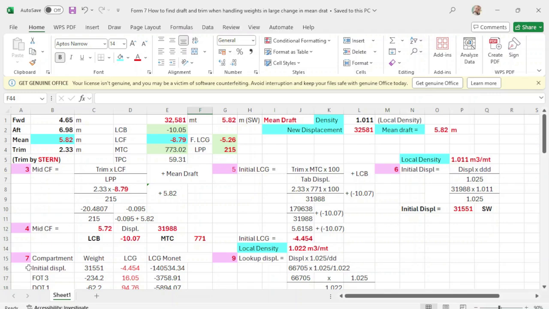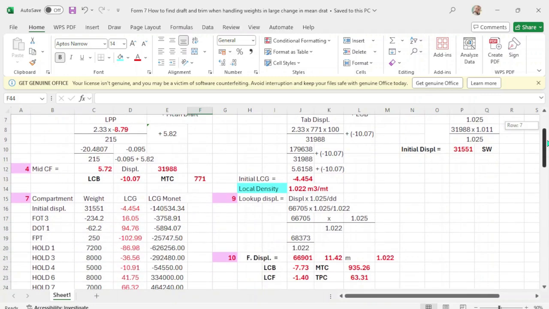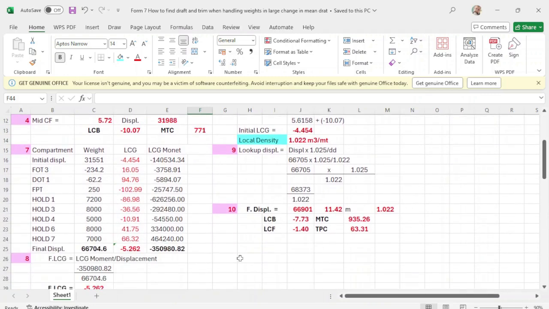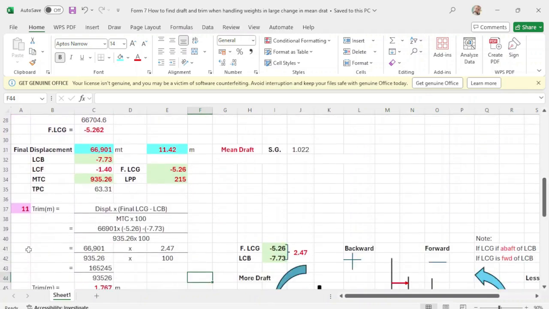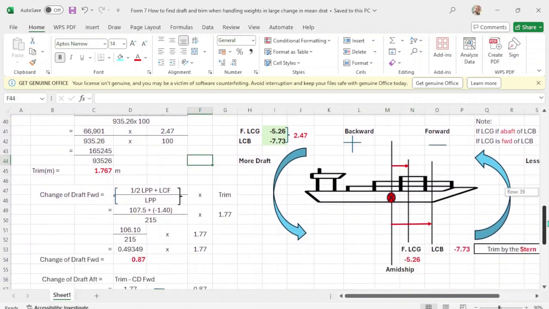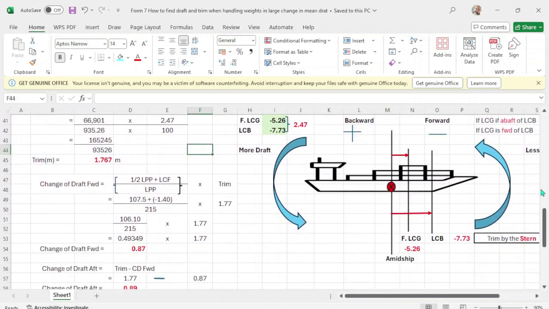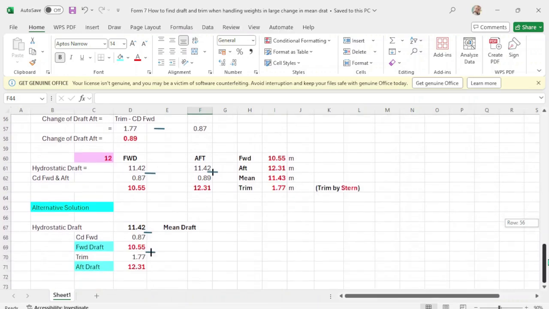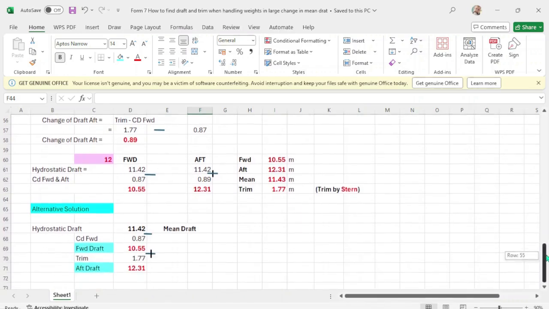So I got 3, 4, 5, 6, 7. Okay, I got 7, 8, 9, 10, and I got 11. This will be 12 and 13. Okay, so that's it guys.